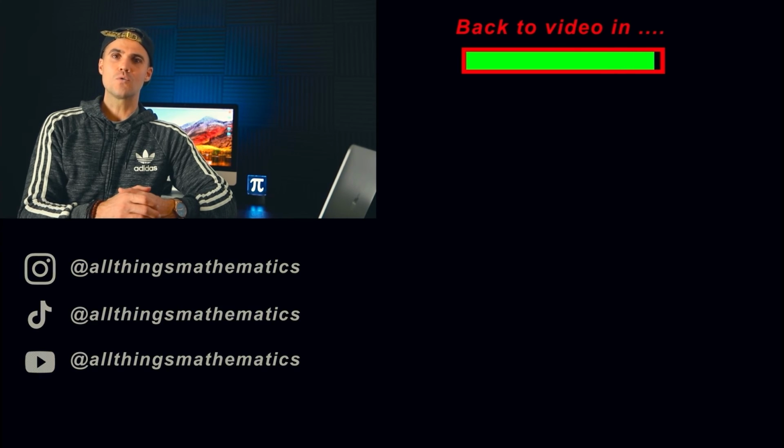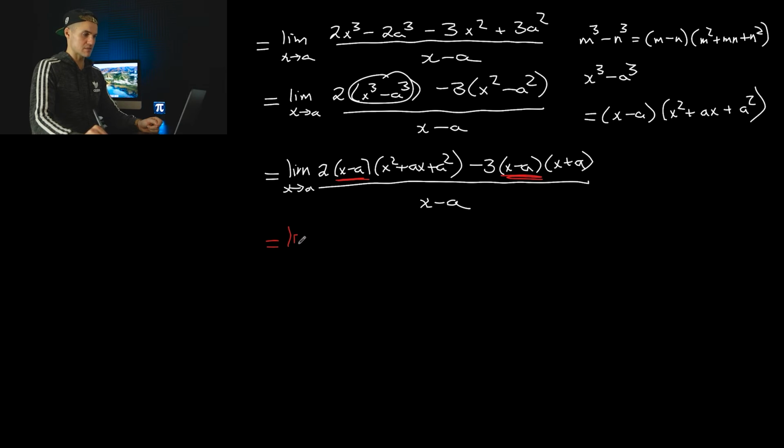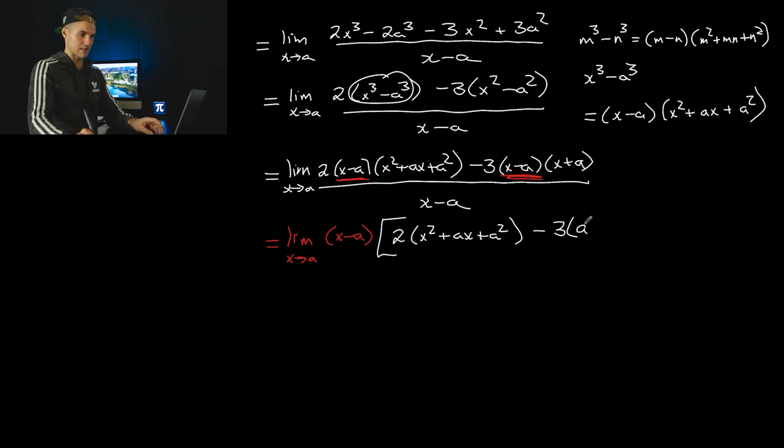And back to the video we go. From both of these expressions, we're going to have the limit as x approaches a. I'm going to take out that x minus a like that. And then, let's keep it color coordinated: 2x squared plus ax plus a squared minus 3, and then there we have that x plus a left over, right?